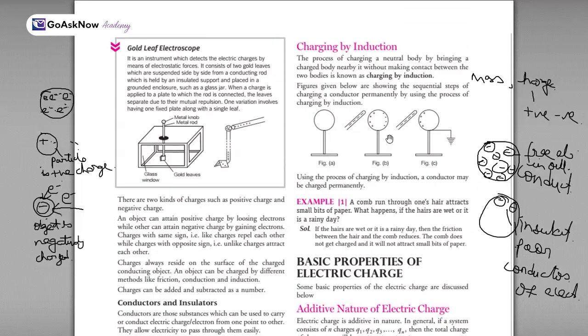The process of charging a neutral body by bringing a charged body near it. If you have any neutral body that is not charged, it has an equal number of electrons and protons.